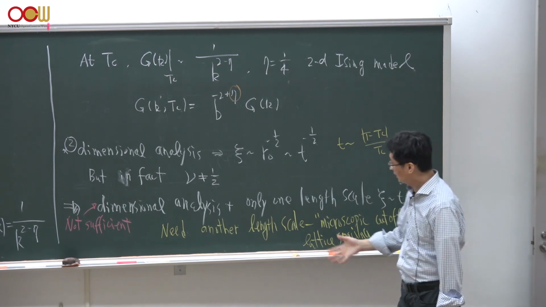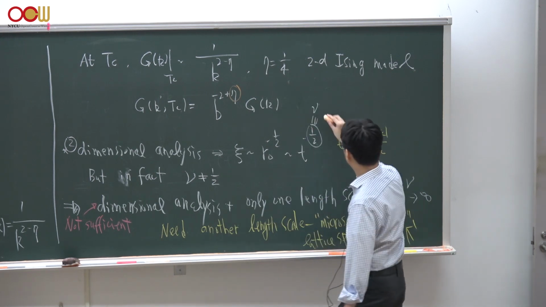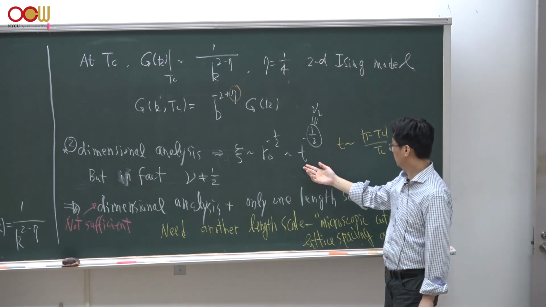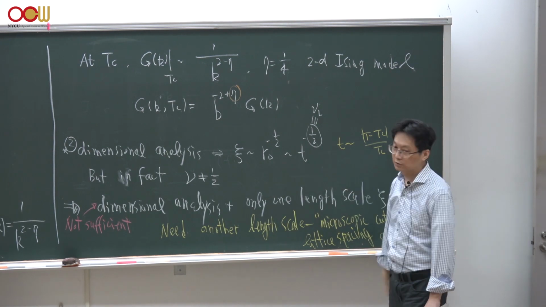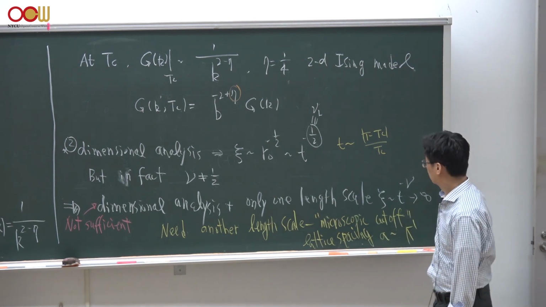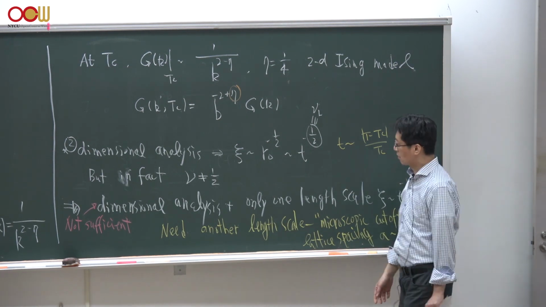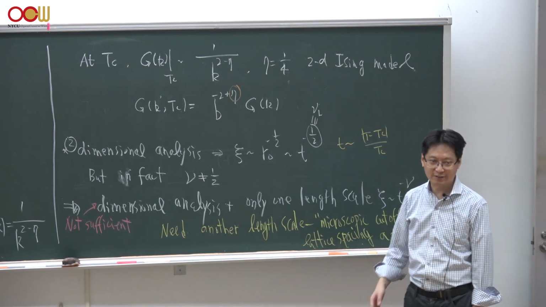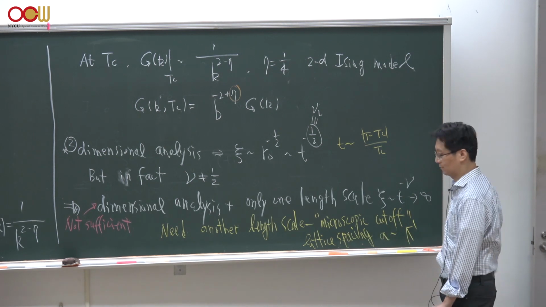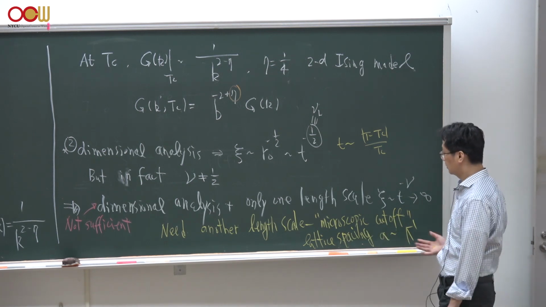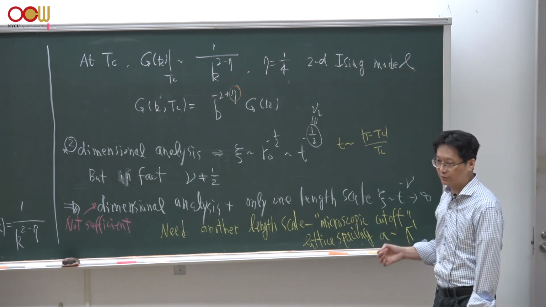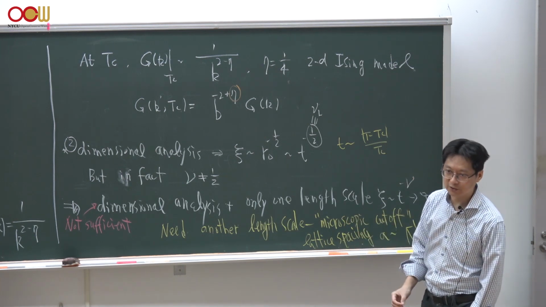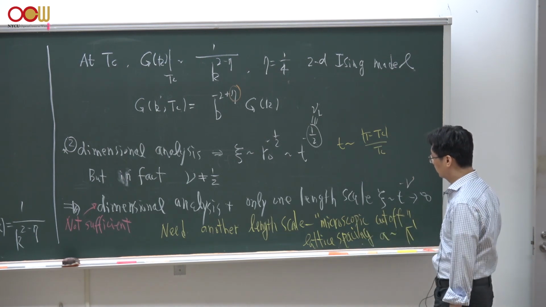But in reality, this nu, which is the exponent appearing in the inverse proportionality to t to some power, called the correlation length exponent, is not 1/2. It is slightly different from 1/2. Of course, it's not a big difference, but this difference is actually sizable. You cannot ignore that difference.